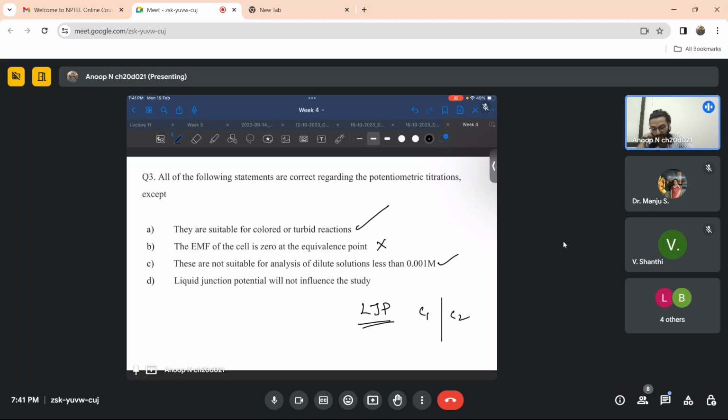When I remove that, if I have HCl solution on both parts, the ionic mobility of H plus and Cl minus are different. H plus can travel faster, so due to that separation in charge, in that instant, liquid junction potential arises. Here, since we are adding a neutralizing agent, liquid junction potential will not come into the picture. So this option is also correct. The answer is: the EMF of the cell is zero at the equivalence point. It is not true. Clear?